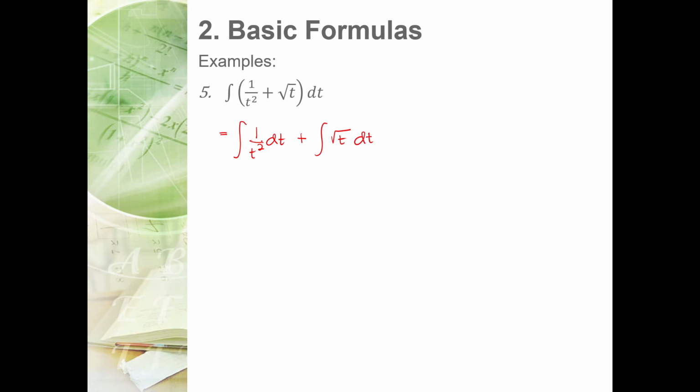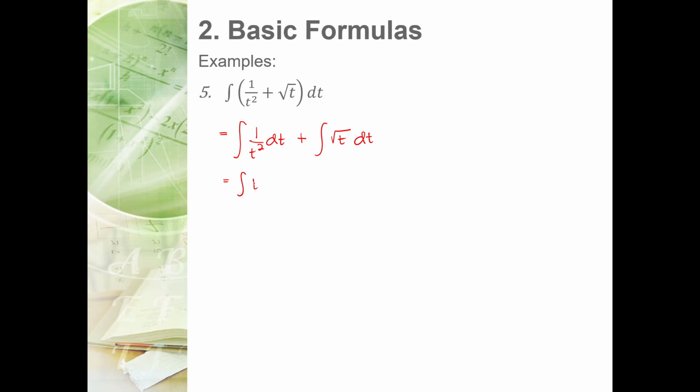Notice that we have a fraction but what we have is t squared, di ba? Our basic formula is du over u. This one is t squared. So what we will do is try to get the corresponding exponential form of this term, in terms of exponent.